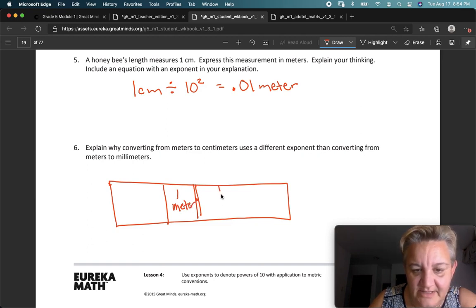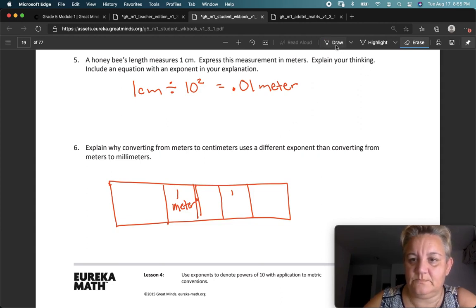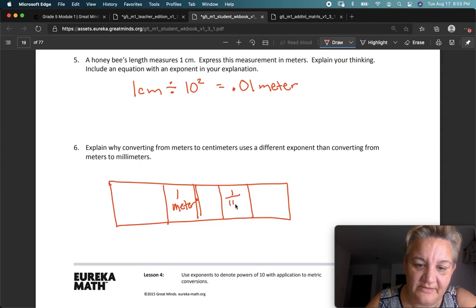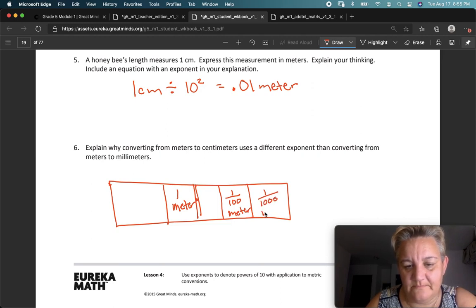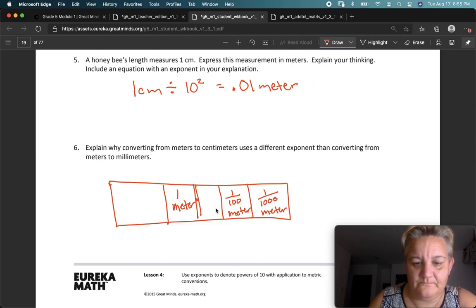And I'm going to call this 1 centimeter, or 1/100th of a meter. And this is 1/1000th of a meter. And this is 1/10 of a meter. And this is 10 meters.